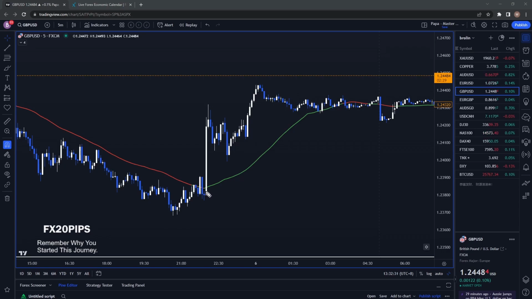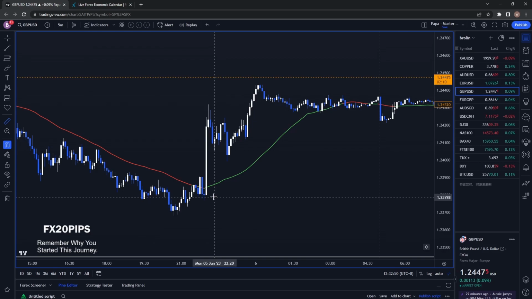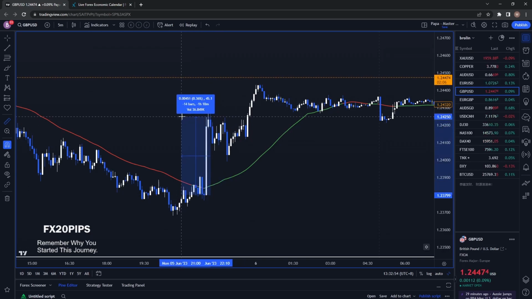All right, 5 minutes before, indecisive, and then once the news came, these candles just shot up all the way here. The highest was here during that 5 minutes. So how many pips was this? This was about 45 pips in 5 minutes.